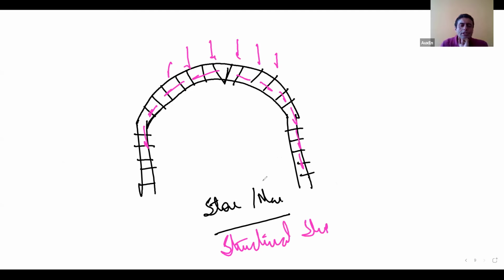So therefore, in old constructions, in old temples, in old forts, in old buildings that you visit, which are made in stone or masonry, what do you find? You find a lot of arches. You find closely spaced columns. If you cannot come up with an arch, what do you do?